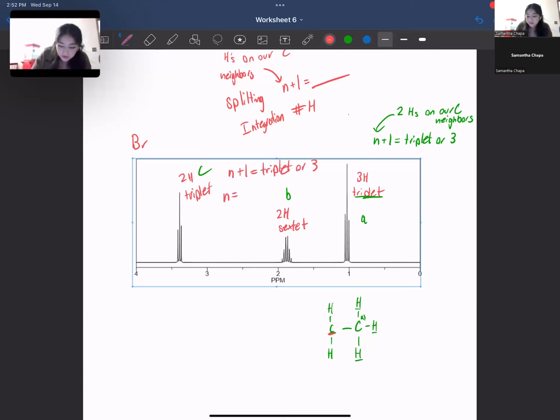It tells us that we have 2 neighbors, and to the right of the carbon we're talking about, we already have 3 hydrogen neighbors. So it can't be letter C, but it can be B. So I'm gonna label it B. B is a sextet, meaning it has 5 neighbors.